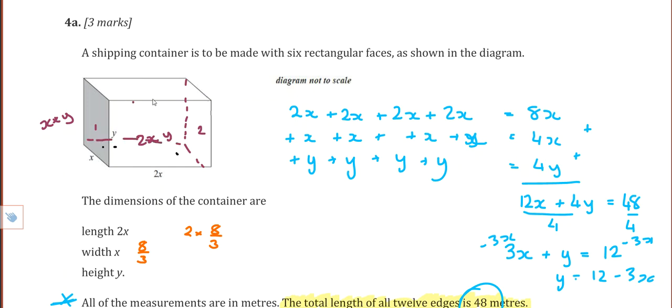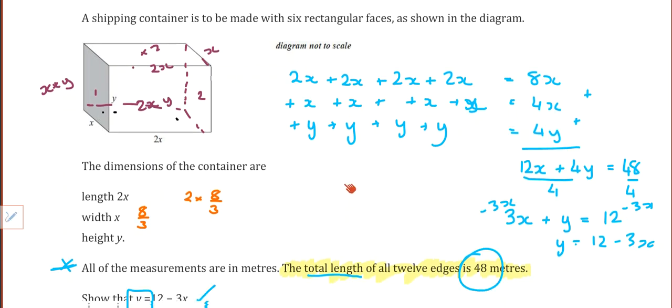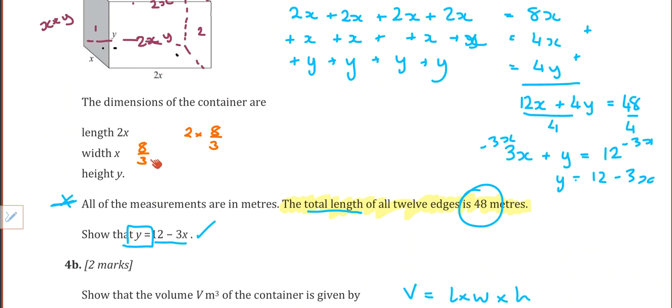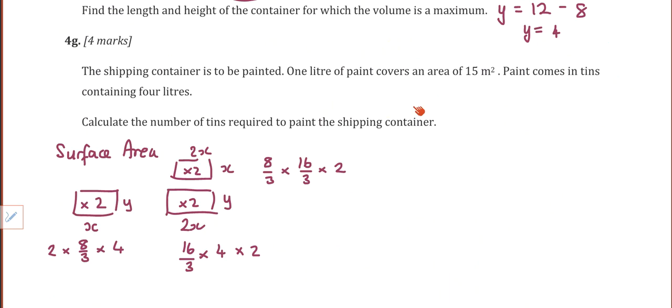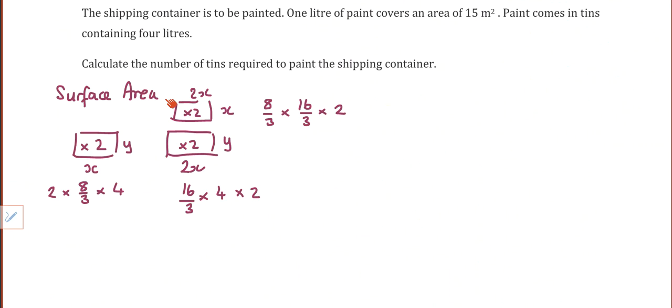And then the top is 2x times x. And there's 2 of them as well. So I've just taken every face. And I've worked out already from the questions, x is 8 over 3, y I've worked out as 4, so I've just put all of that in to my surface area.